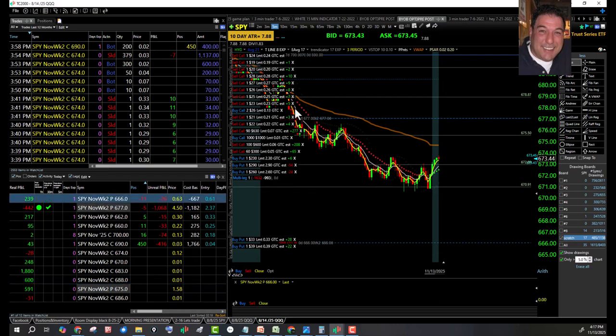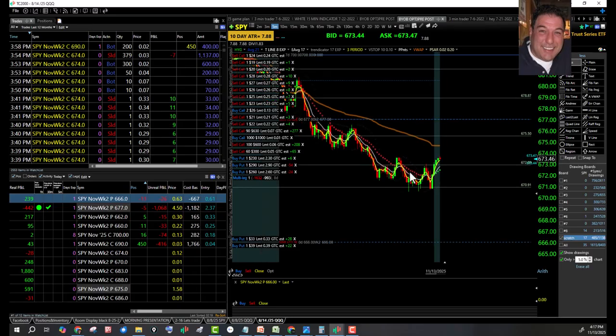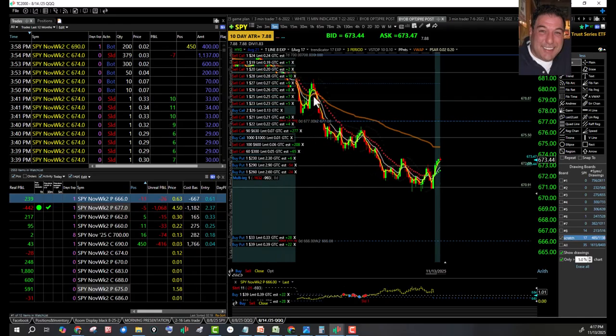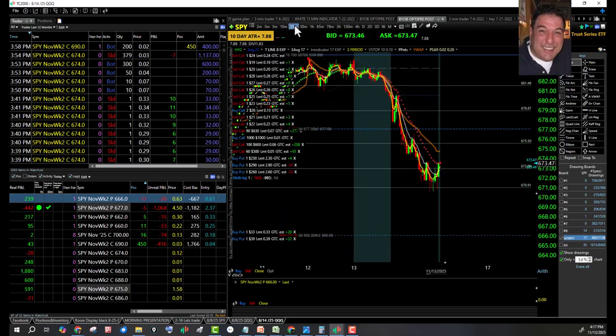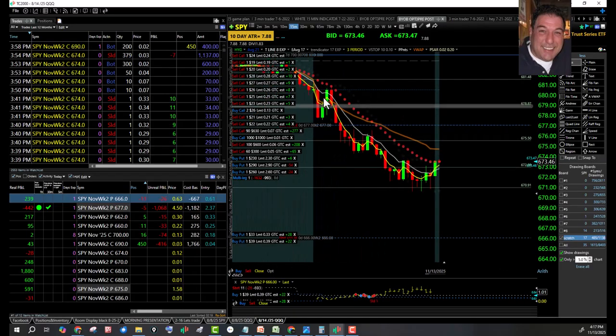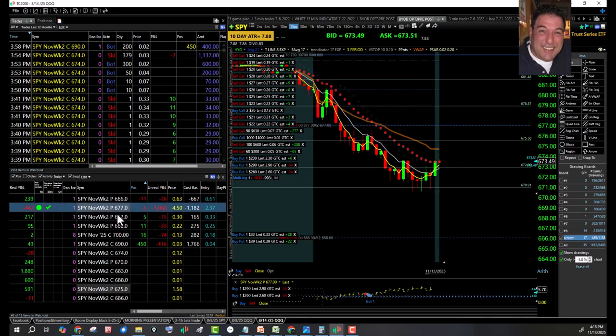Again, puts should have made you money all day long, since the 15-minute downtrend was intact all day. There was daylight in the 15-minute downtrend, again, all day long. The yellow 3 EMA never touched the 8, almost from beginning to end of day. Lost 442 on those puts.